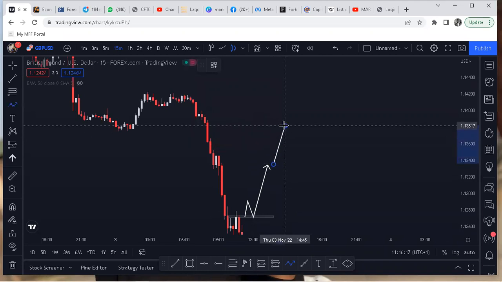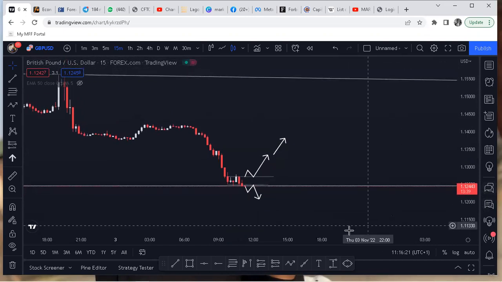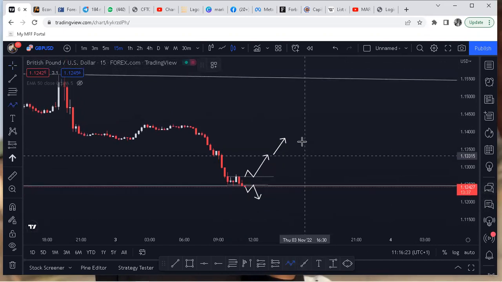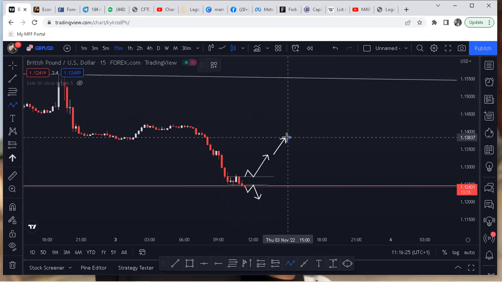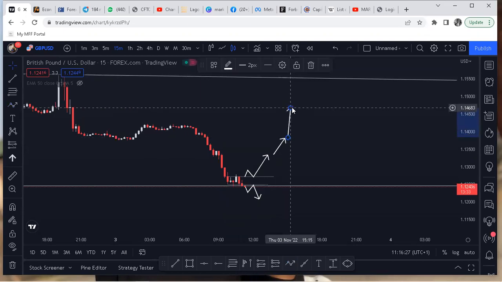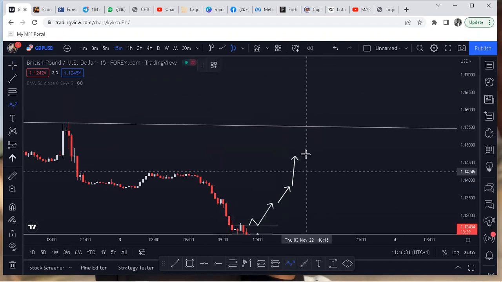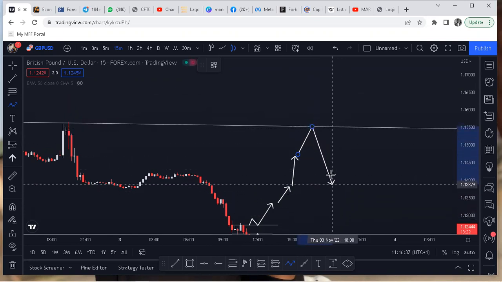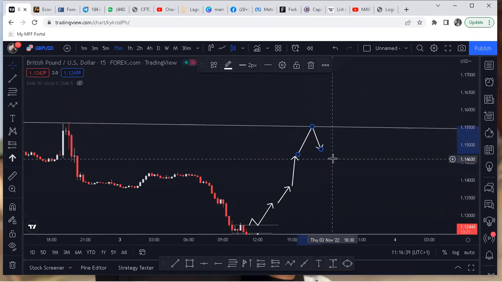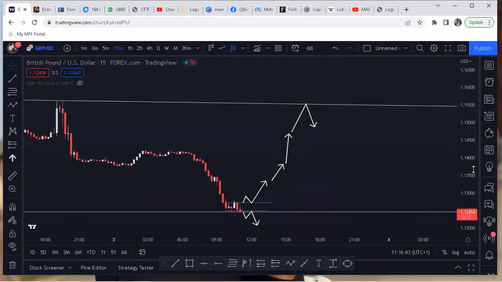Third TP level should be from here to here. Then maybe final TP should be from here to here, for the trend line. Then we will go all the way down, right? But this is just what you should look out for.